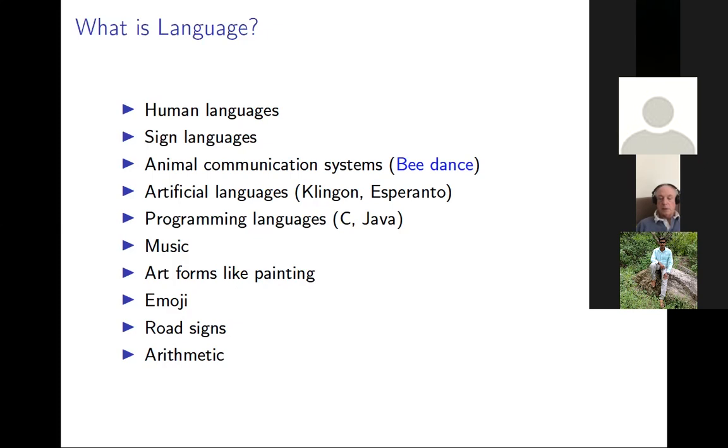Or is each road sign an atomic message that you can't really combine? But yes, all of these are potential instances of language. But if you think about it, some of these systems allow for greater expressivity.